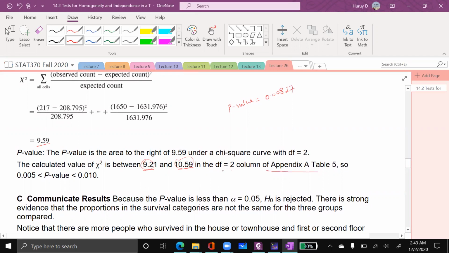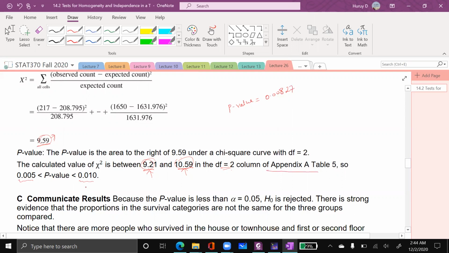You can find both of them on the table. So since this number is between these two, the p-value of this one is between the p-values of these two. So if you cannot find this one in the table, you can find the p-value for each of these for the same degrees of freedom.